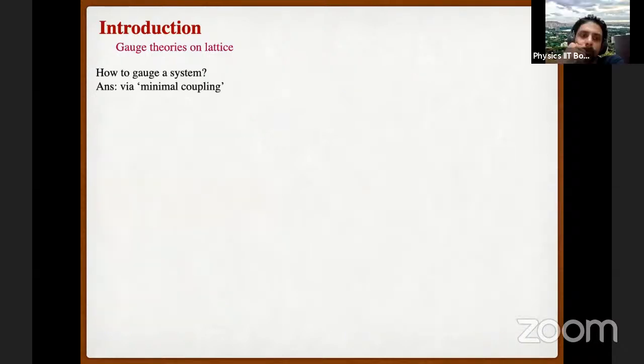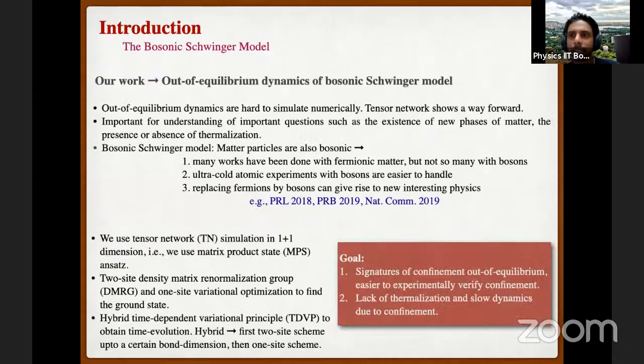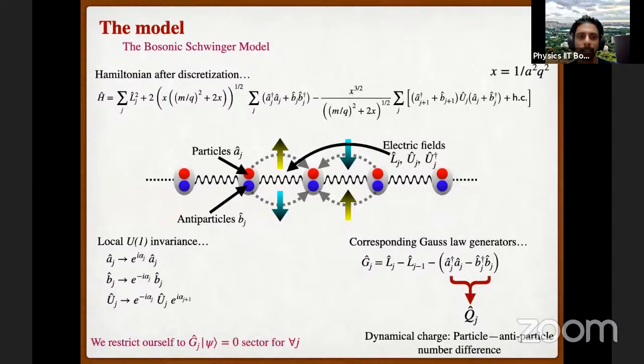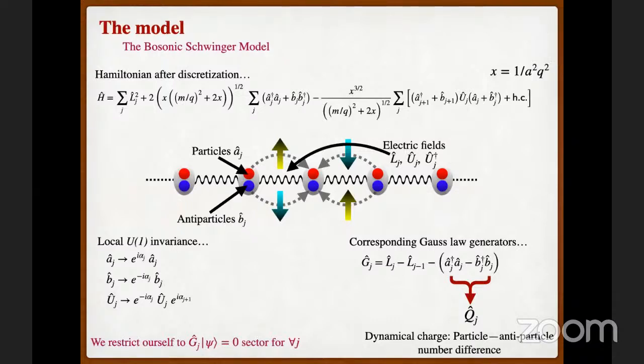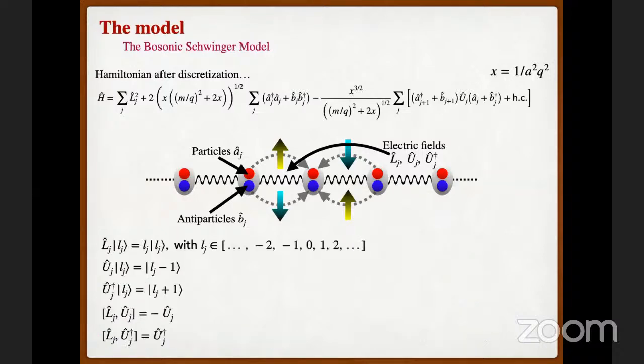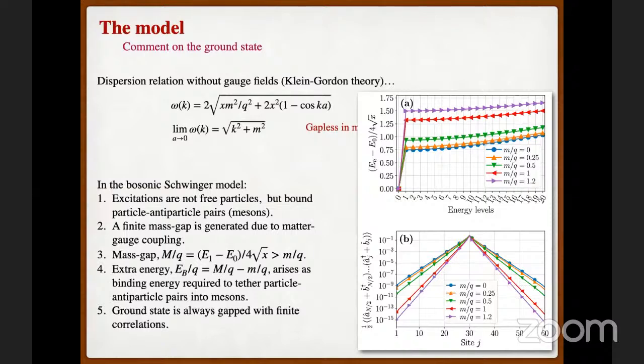Okay, there's a question by Uma. Uma, can you unmute? Yeah, ask. I'm a little puzzled by your talk of the Bosonic Schwinger model. You say that the mass gap is non-zero even when the mass is zero. Exactly.